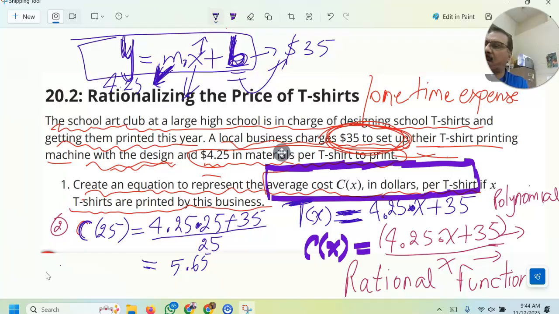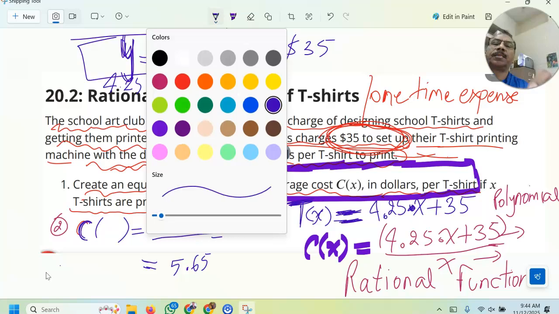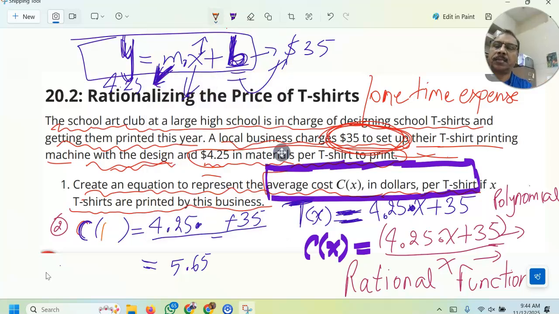And they also ask you for 100. What do you get for 100? So this time, take off this 25, replace this 25 by 100. So you put 100 here and you put 100 here. How much do you get?